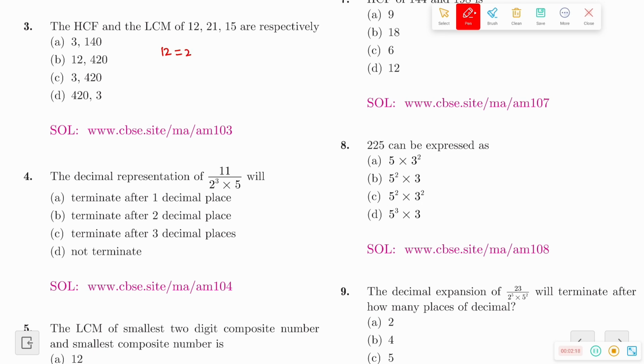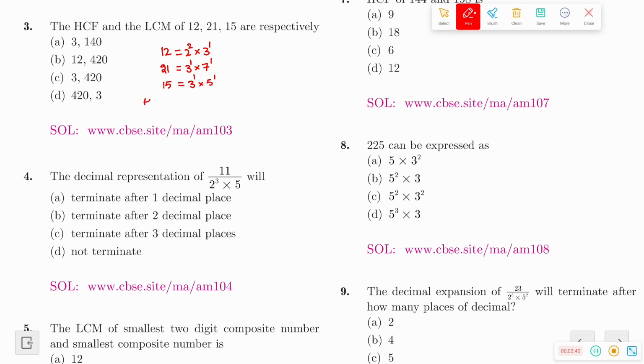So we can write 12 as 2 power 2 into 3 power 1. Then 21 is 3 power 1 into 7 power 1, because 3 sevens are 21. Then 15 is 3 power 1 into 5 power 1, 3 fives are 15.